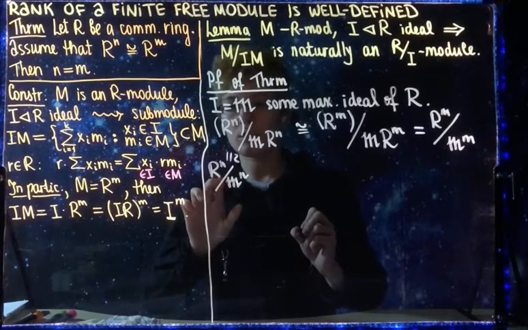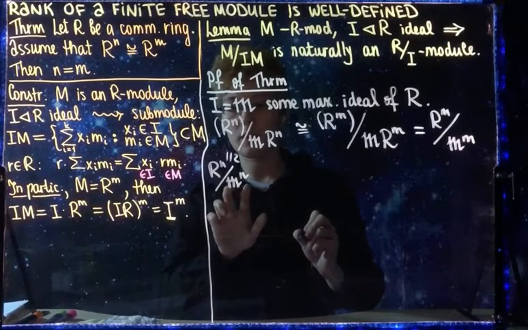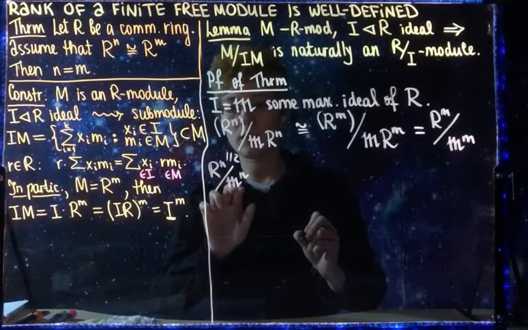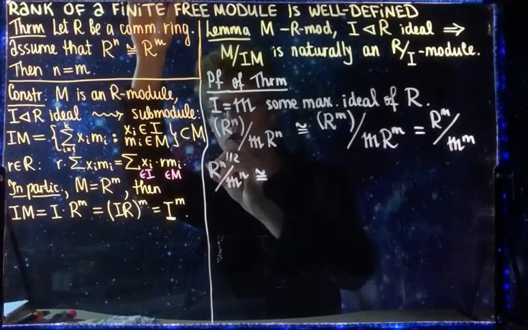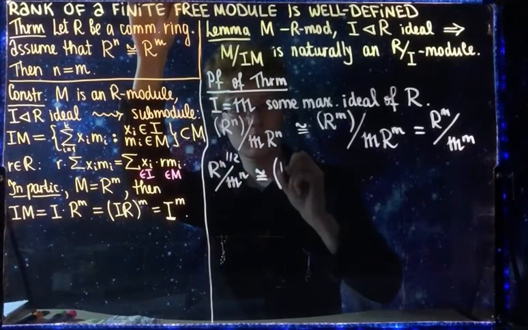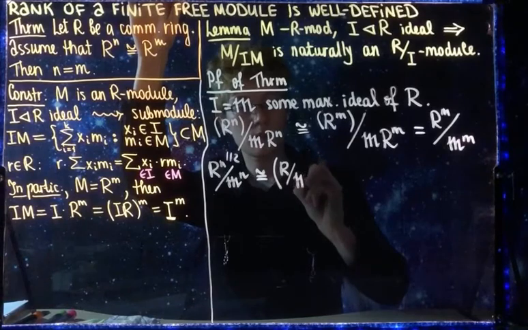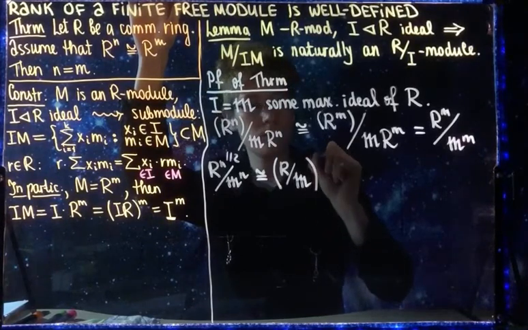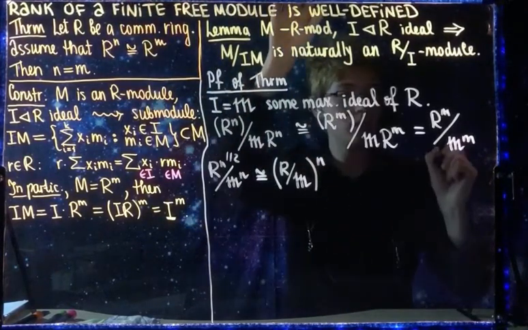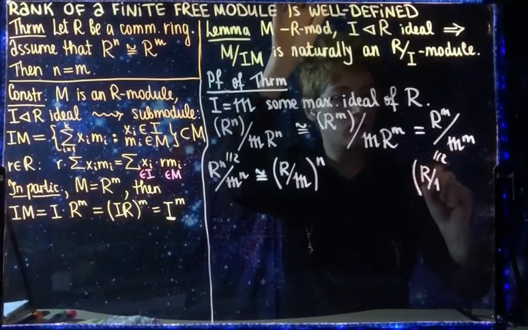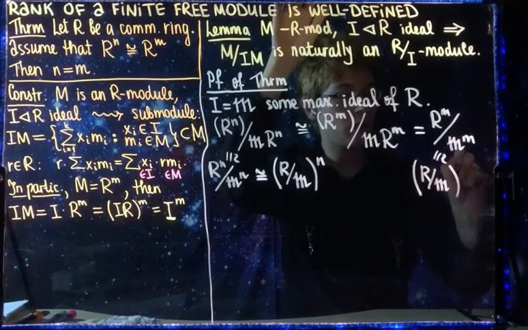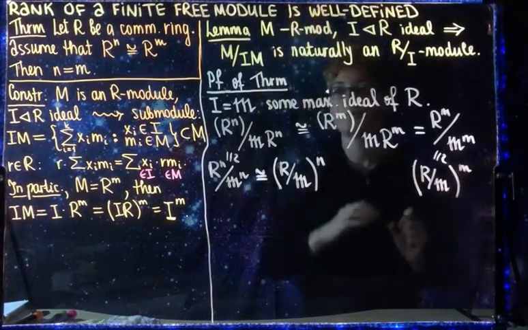And modding out n-tuples of numbers by n-tuples of elements of the ideal is the same as modding out each coordinate separately. So I get that this is isomorphic to (R mod m) to the power n, and this is (R mod m) to the power m.